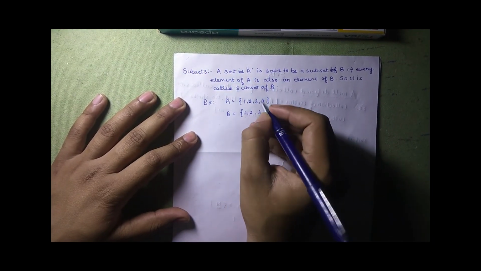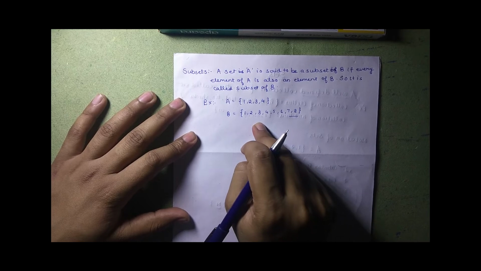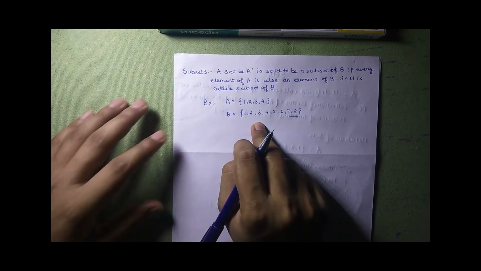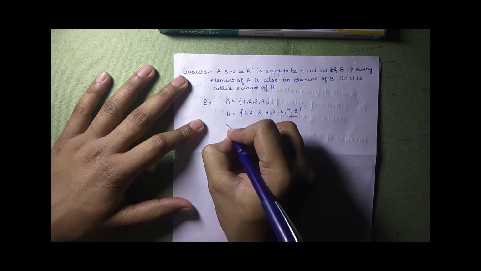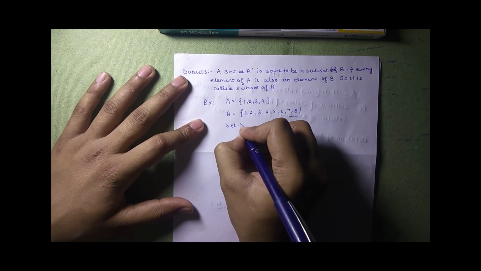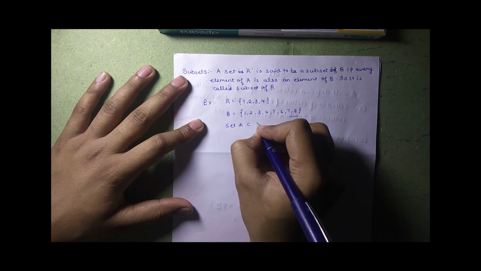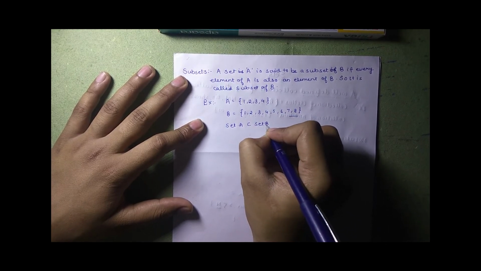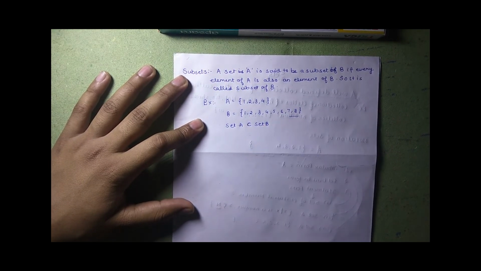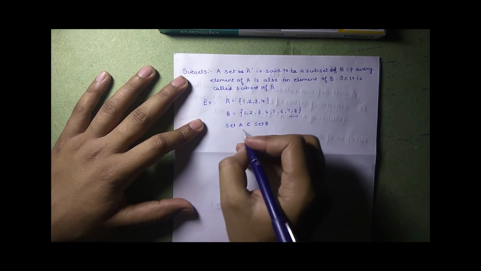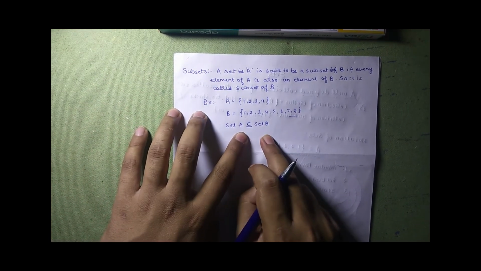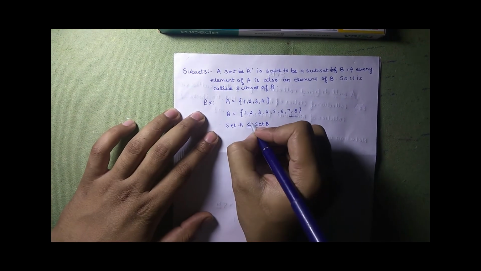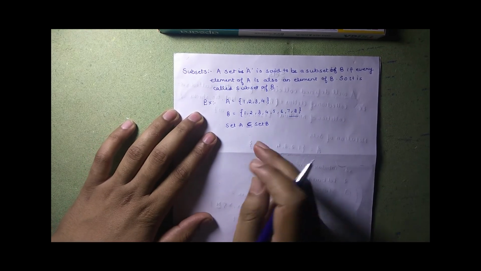All the elements of set A are present in set B, so we say set A is a subset of set B. This sign is called subset of.